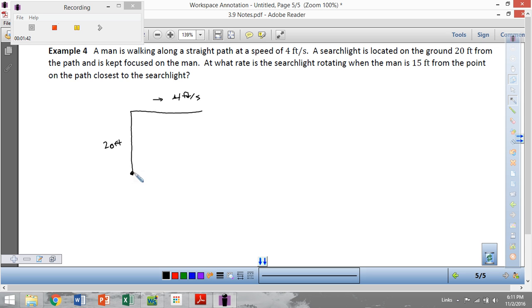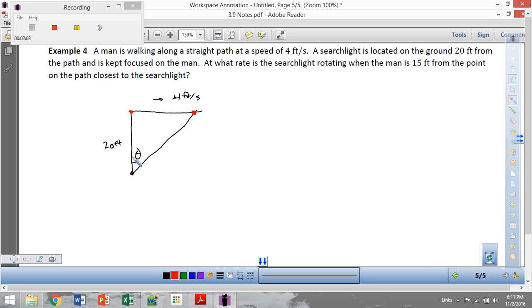So, anyway, this light is turning at some angle. I don't know what the angle is at that point in time. And I want to know when his position is 15 feet from the point on the path closest to the searchlight. So the point on the path closest to the searchlight would be here.